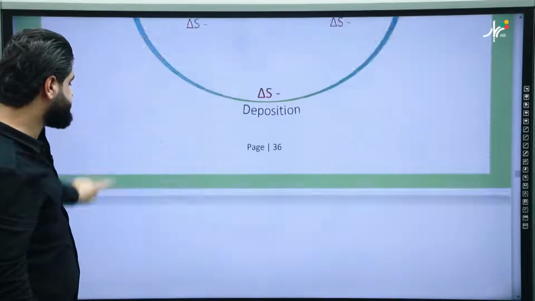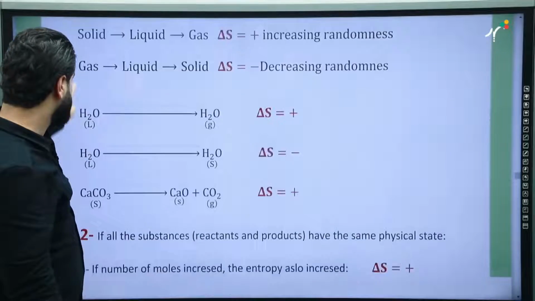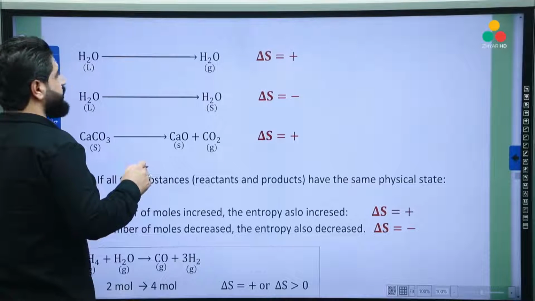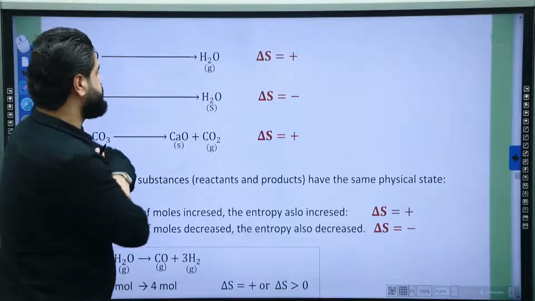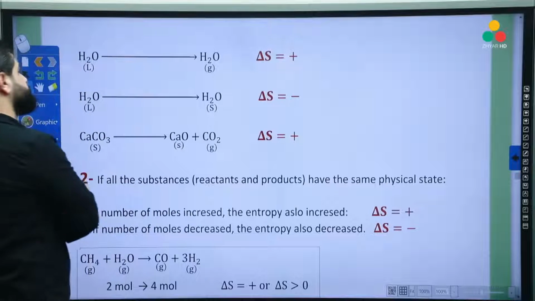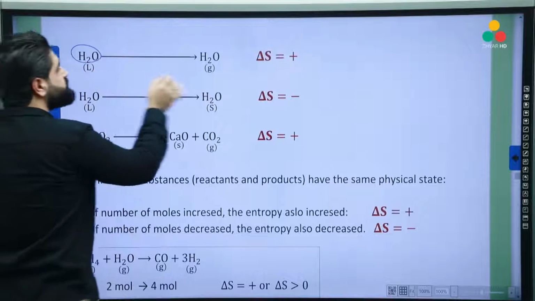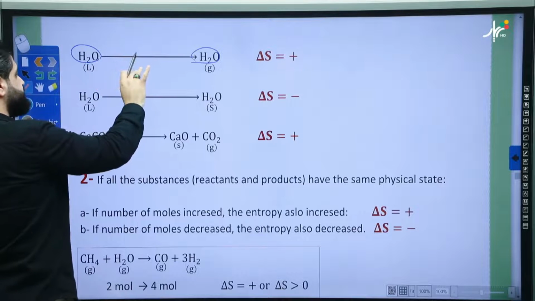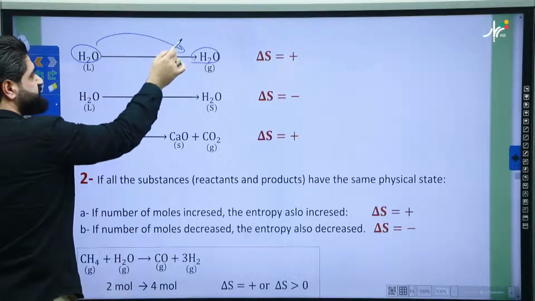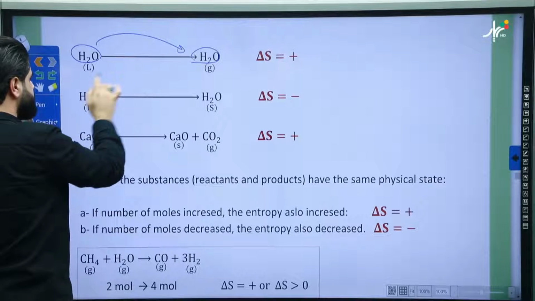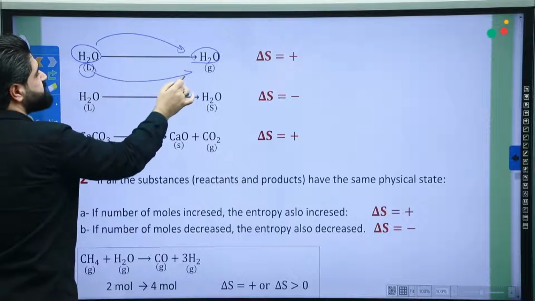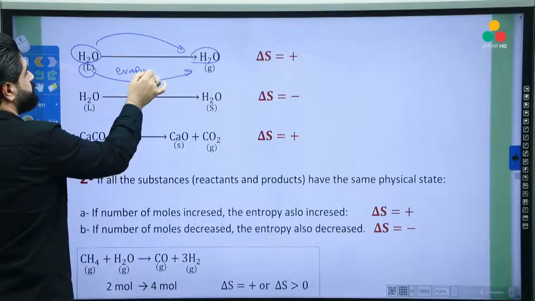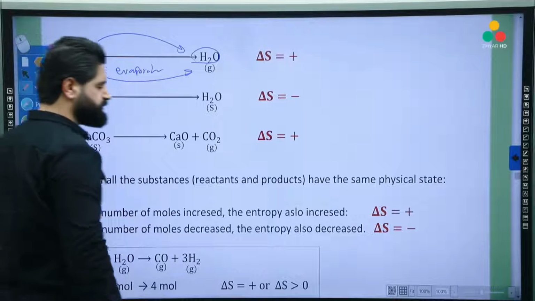Cool. Now let's see. For this reaction, identify the arithmetic sign of delta S, whether it is increasing or decreasing in randomness. The substance didn't change, so it's not a chemical change, it's a physical change. The substance remains the same. Now from liquid to gas is called evaporation.